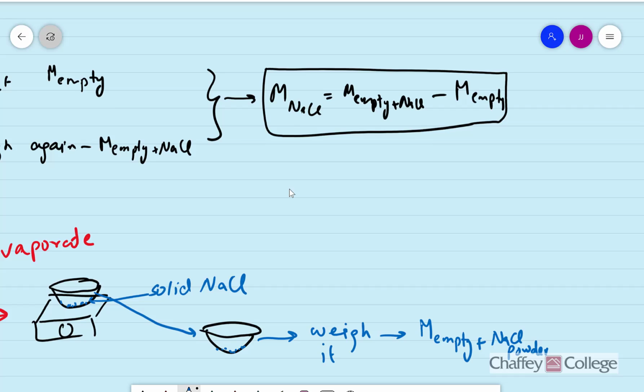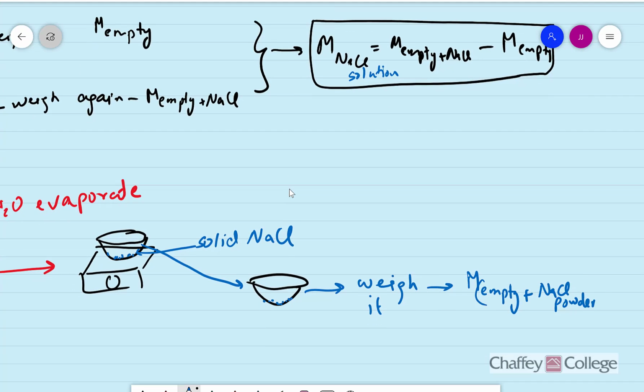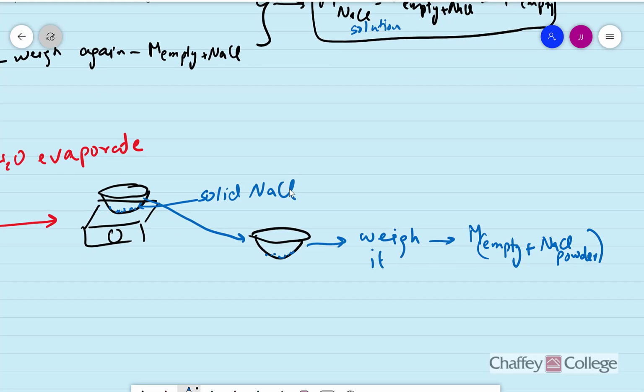Earlier we had the NaCl solution, so remember the distinction. Now we have the mass of empty plus the NaCl powder. If we subtract the mass of empty from it, we will get the mass of NaCl powder.